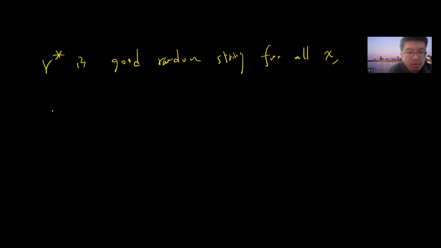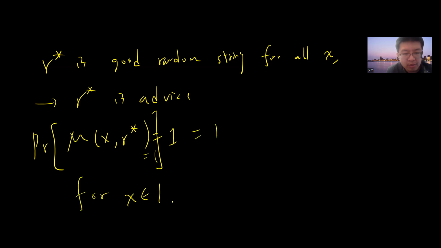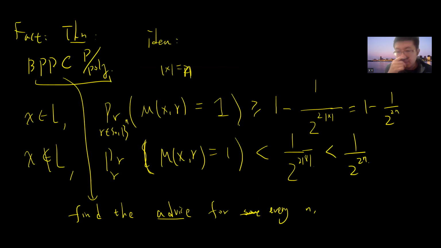So R star is the advice, because by definition M(x, R star) always outputs 1 for all x belonging to L. Okay, so we find the advice. So this proves that BPP is a subset of P/poly.